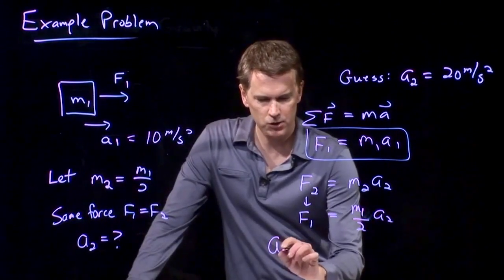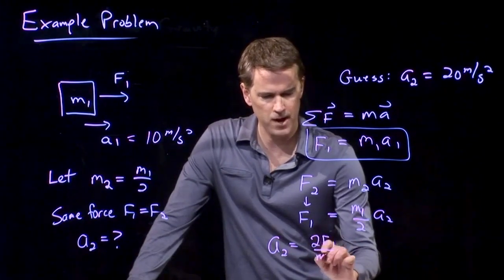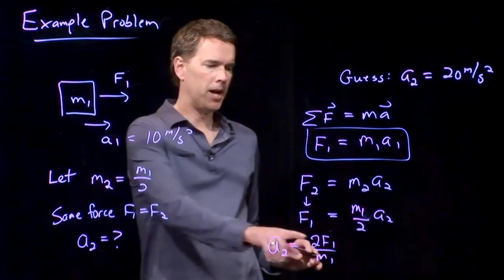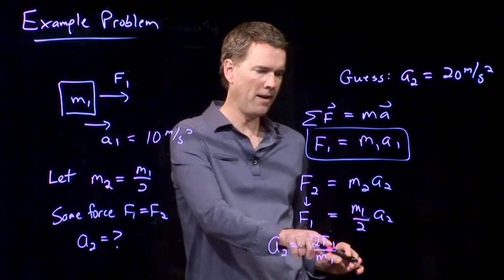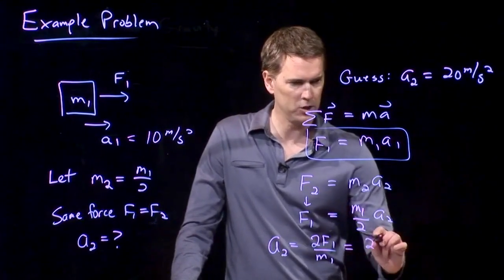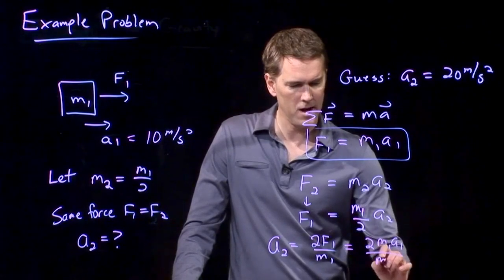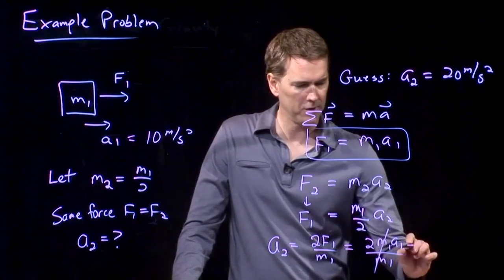And now we can solve this equation for A2. What do I get? A2 equals 2F1 over M1. But I know M1 and F1 are tied together in that first equation. So I get 2 times M1 A1 over M1. M1's cancel out.